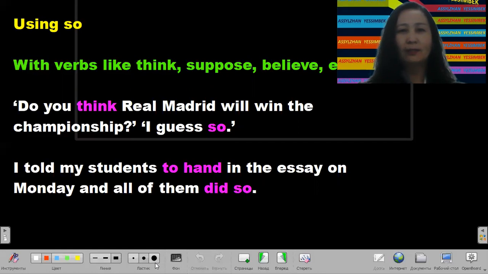Instead of repeating almost the whole sentence, we've just used so. I told my students to hand in the essay on Monday and all of them did so. In this sentence, we use do so, or did so to be exact. It means all of them handed in the essay on Monday. We avoided repetition.